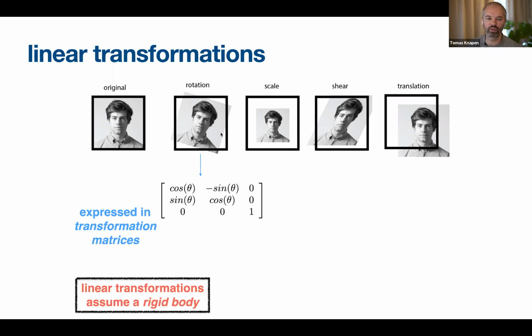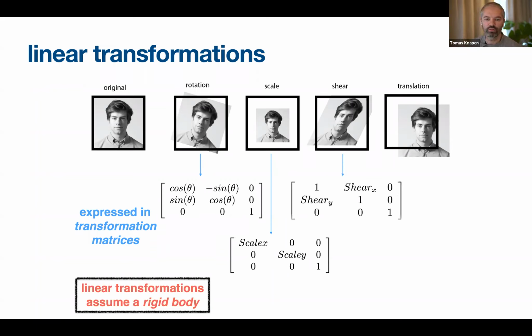And if you take the 2D points and multiply them with this matrix and take only the first two resulting dimensions, then you get the rotation. Similarly, if you want to scale something, you just use those two values and the rest you leave to 0, and you just multiply with this matrix. Similarly for shear, you have these that you multiply and these remain 1, and translation is just here.